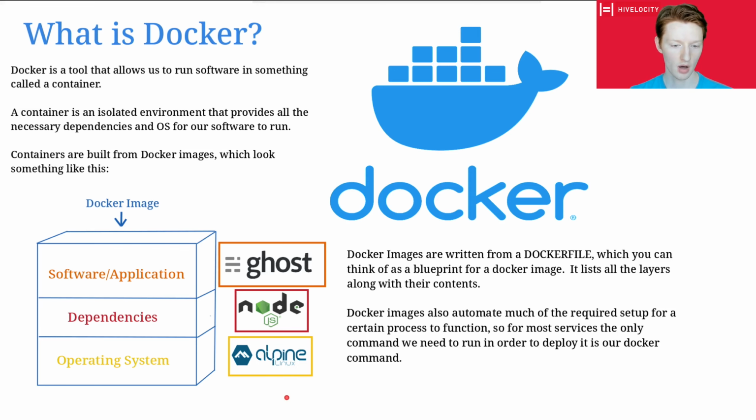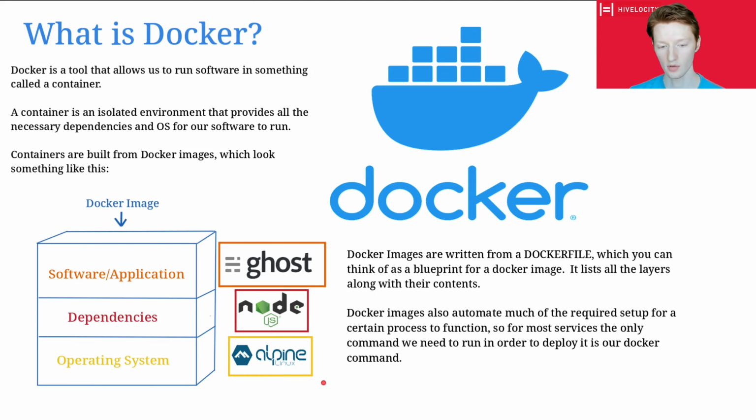And you can see in the overall diagram that we have layers. At the bottom, we have an operating system layer, and here we have Alpine Linux. Alpine Linux is a common choice for Docker images because we don't need all of the CLI tools that a fully fledged server operating system would need for an administrator to use.